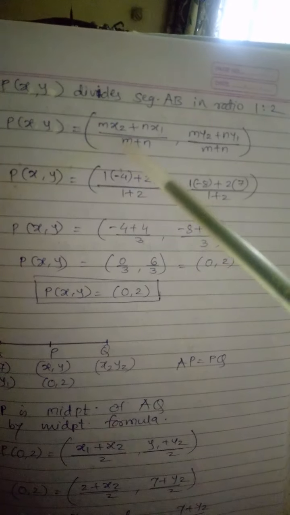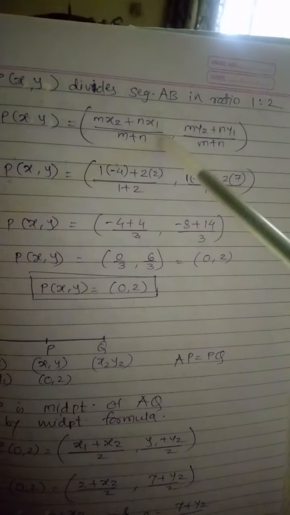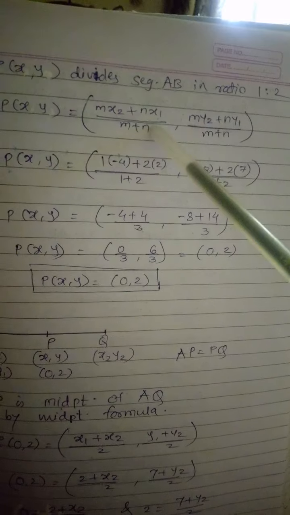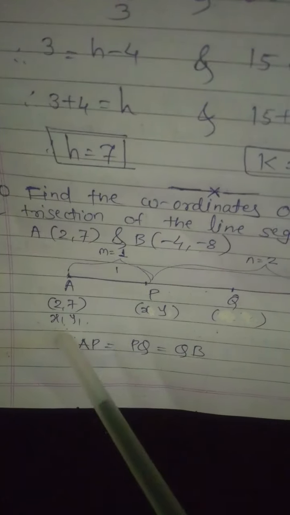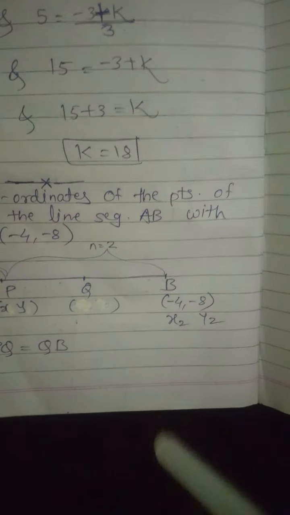Now we are just putting the values, m is 1 and n is 2, and you know the values of x1, x2 and y1, y2. Since here A is (2, 7), these are x1, y1, and x2, y2 are -4 and -8. So we are going to put down the values here.